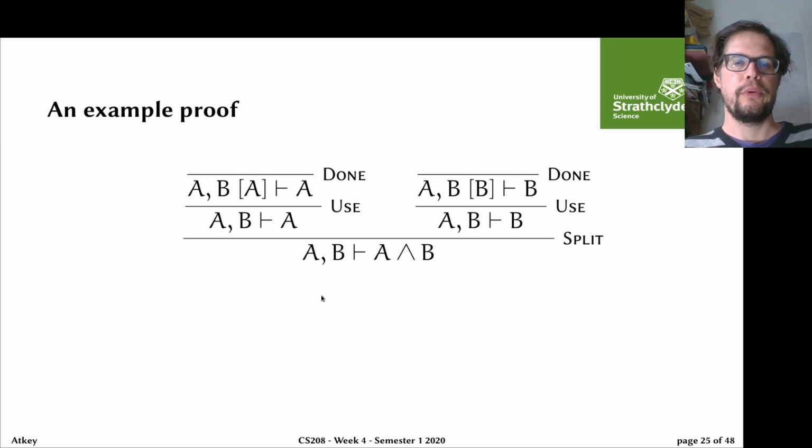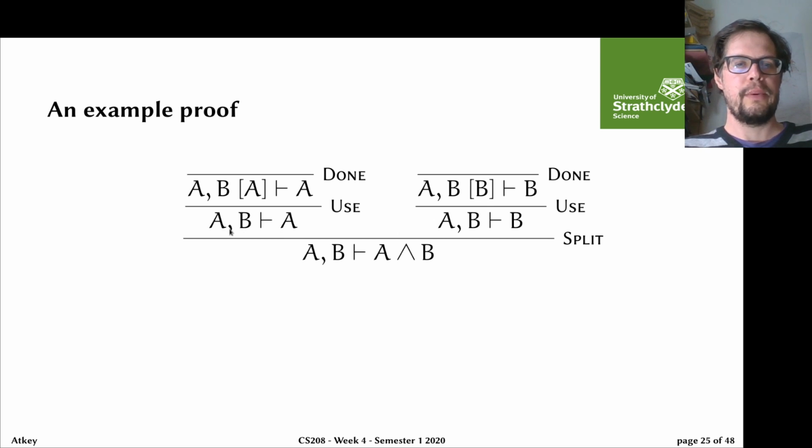So here's an example proof. If we assume A and B, then we can prove A and B. And the way we do this is, well, we're proving A and B, so we do a split. So we get two subproofs here. And now we have to prove A from the assumptions A and B, and we have to prove B from the assumptions A and B. And now both of these, we do what we did before, we use an assumption.